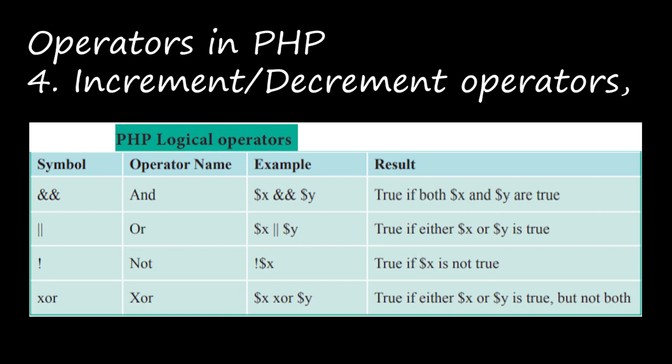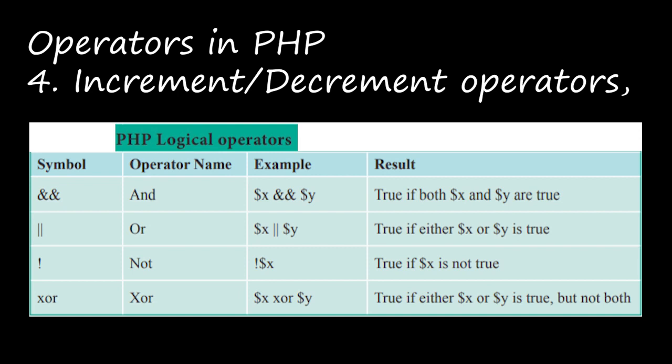In the same way, minus minus x is pre-decrement and x minus minus is post-decrement. Pre-decrement means first the value is decremented by 1 and then returned. Post-decrement means first it returns its value and then decrements it by 1.